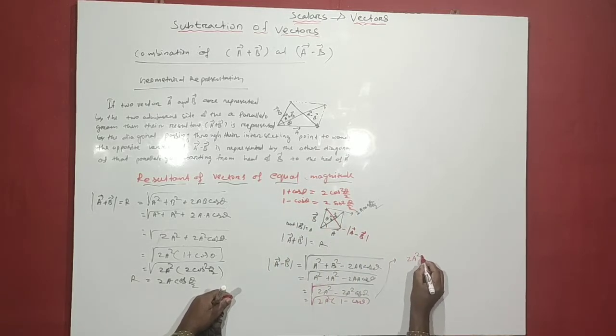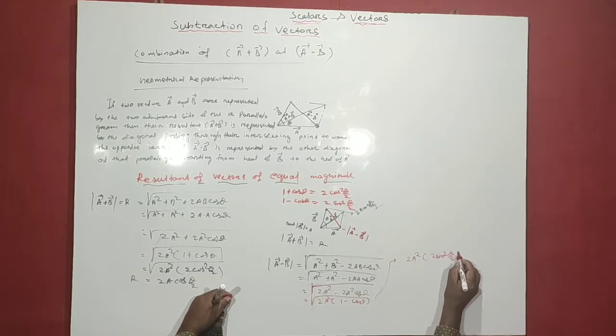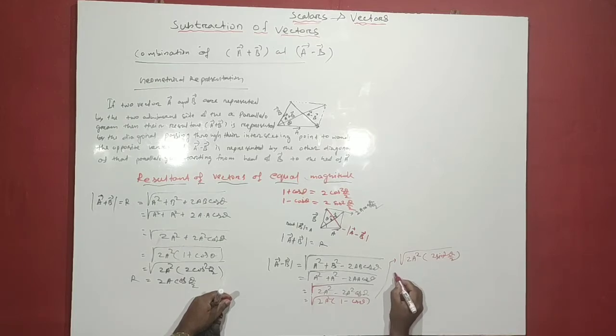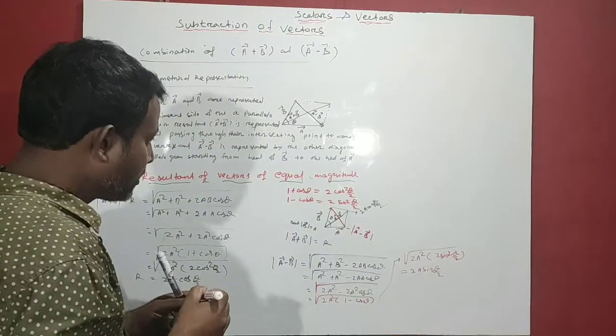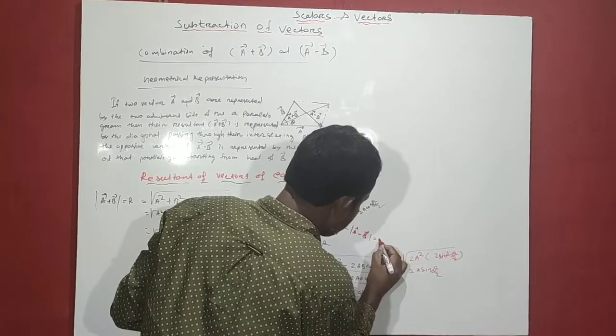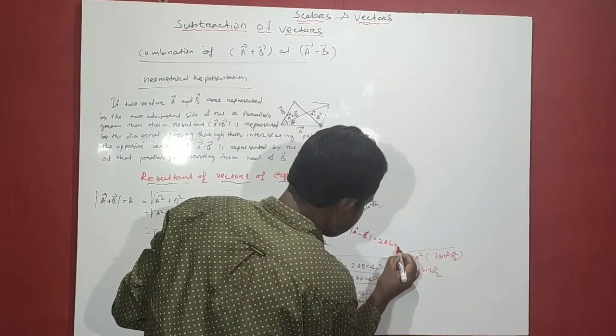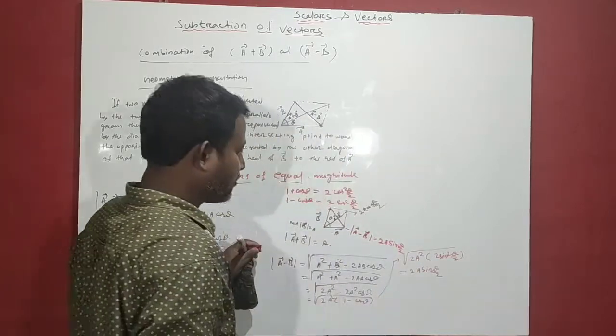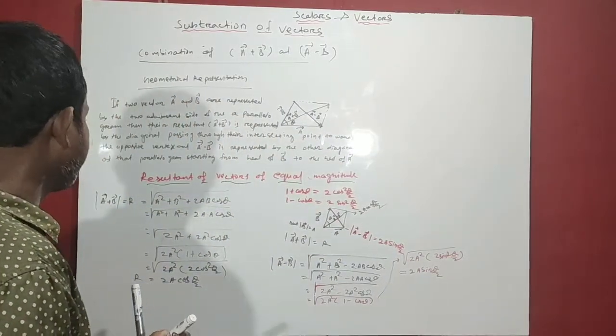Putting the value, we get under root of 2A square into 2 sin square theta by 2, which gives 2A sin theta by 2. That means the magnitude of A difference B is 2A sin theta by 2.